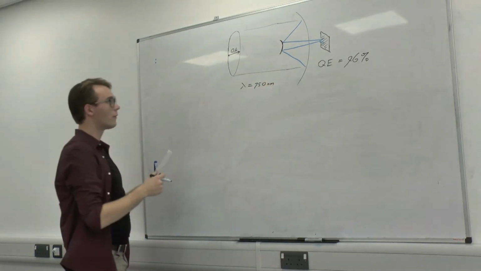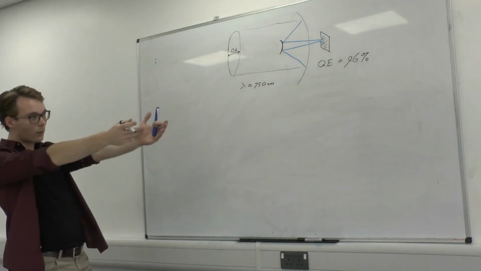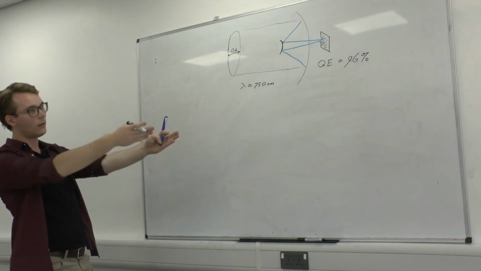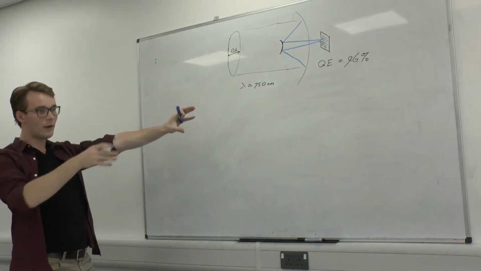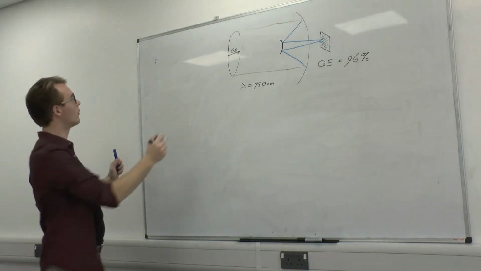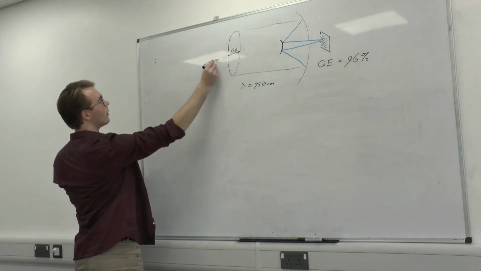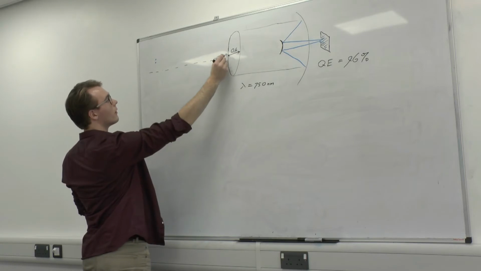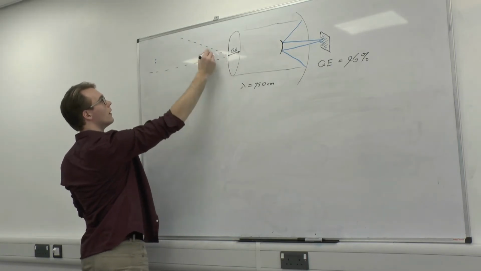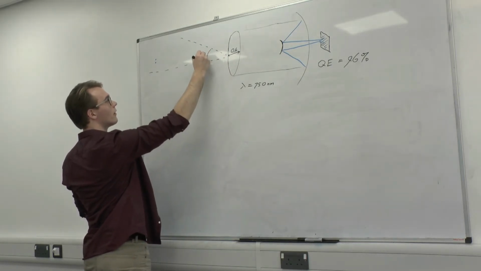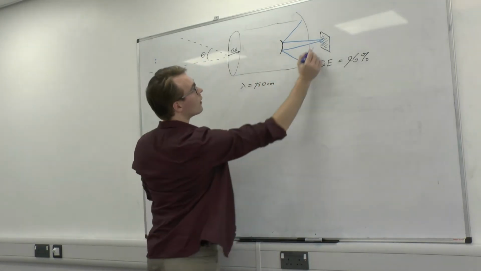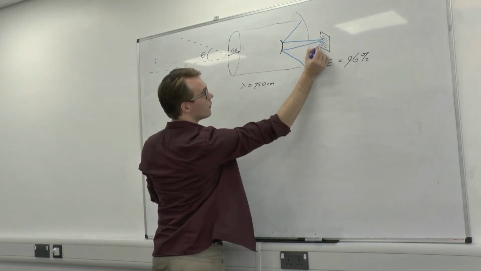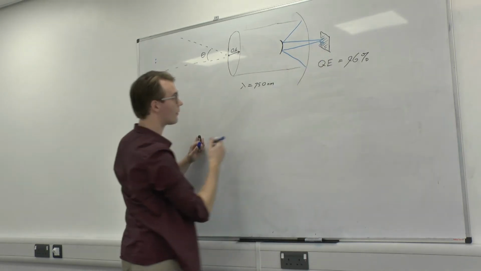And then the question is, what is the angle that this telescope can still resolve two different signals from? So if there is a star over there and there's a star over there, there's a certain angle between those two stars. So let me draw that over here. Then what is the angle that this telescope can resolve them and see that you get two distinct blobs on your detector?